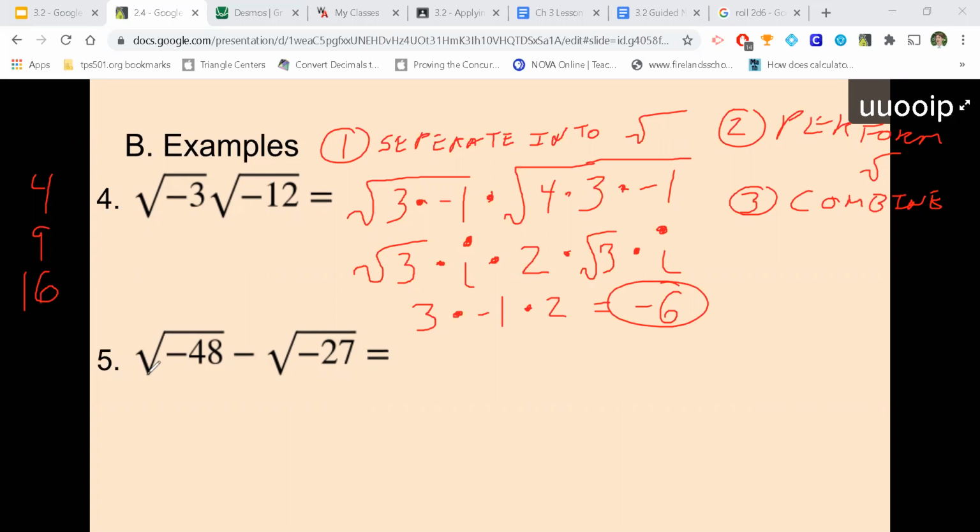Does 16 go into 48? Yeah, 3 times. And that remainder of 3 is a prime number. So I think we have found the biggest number that works, right? So I can represent this as 16 times 3. And again, please pull out the negative 1. So we leave 16 and 3 positive, and we just put that placeholder of negative 1 at the end.